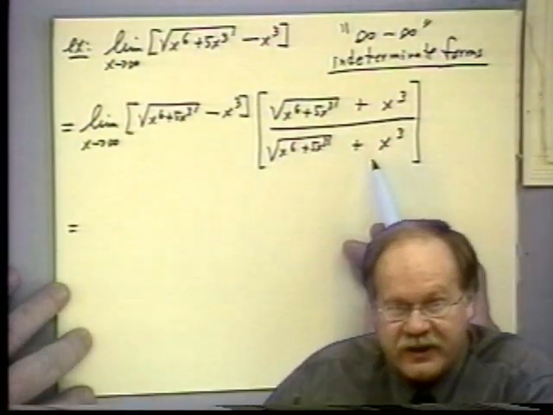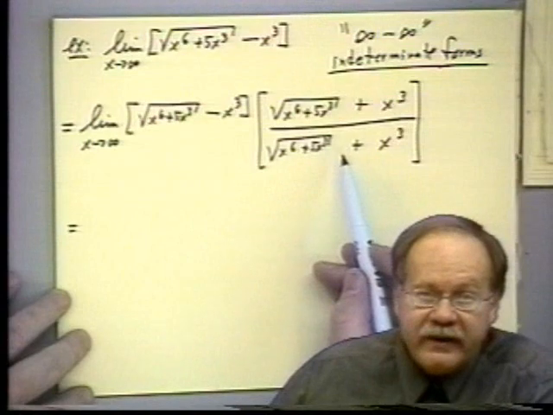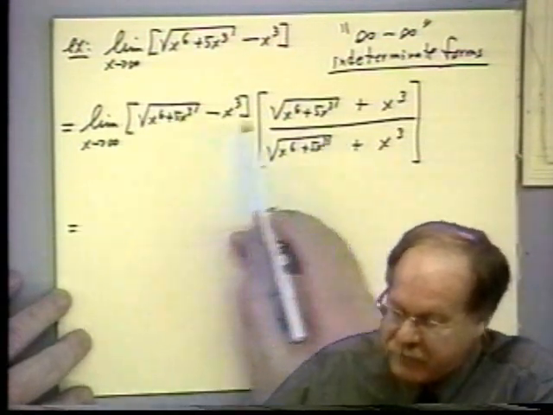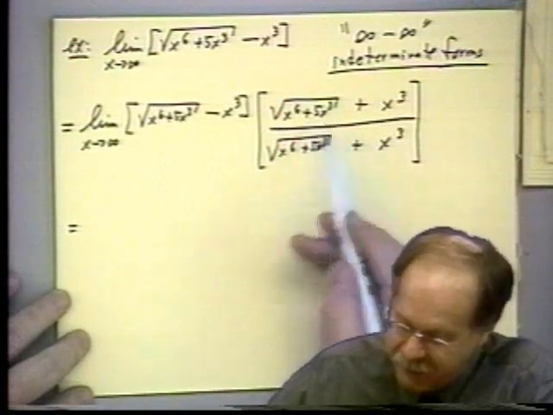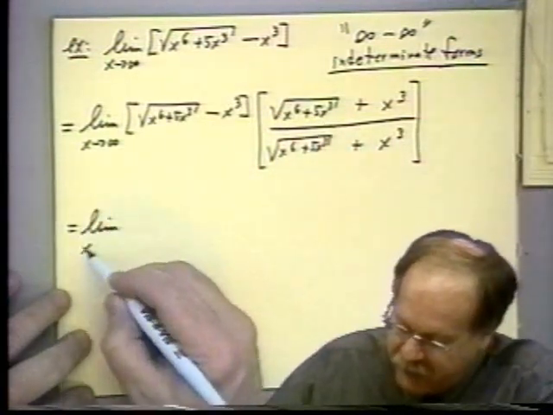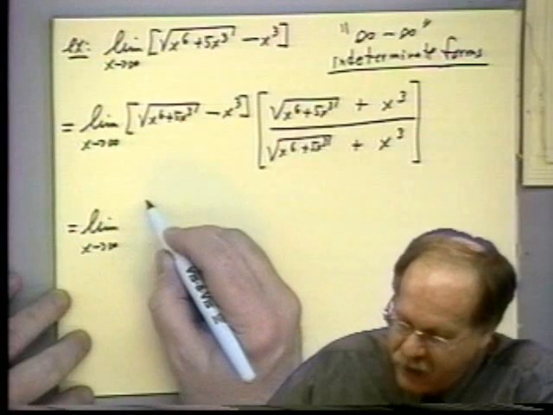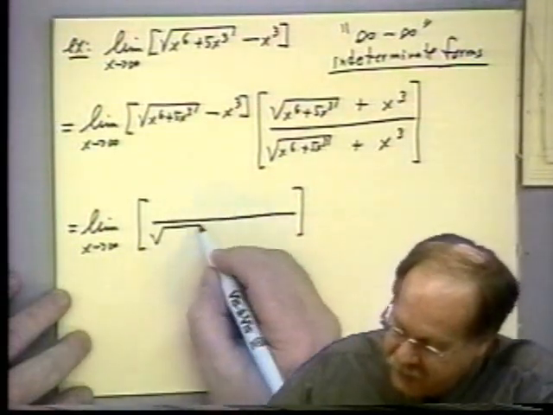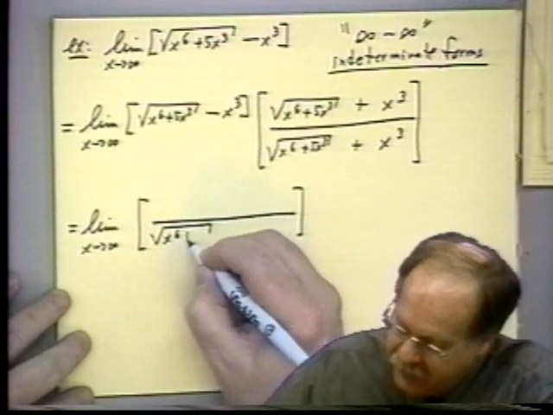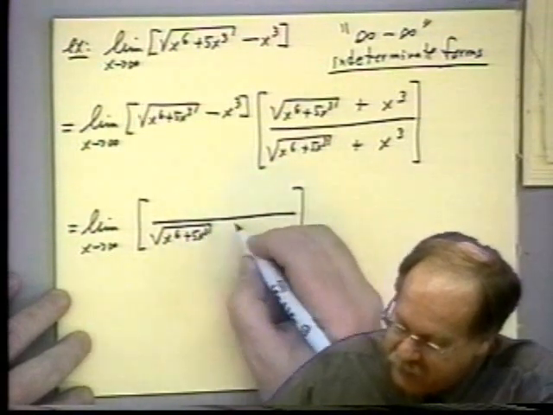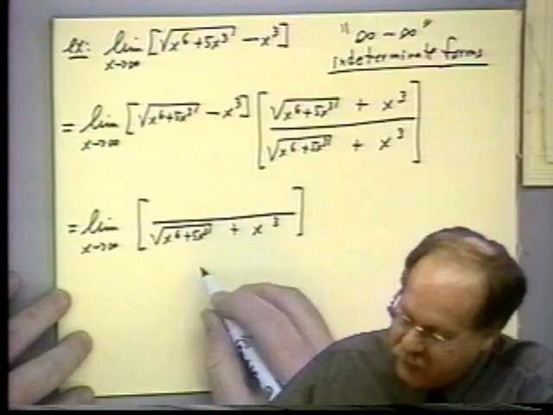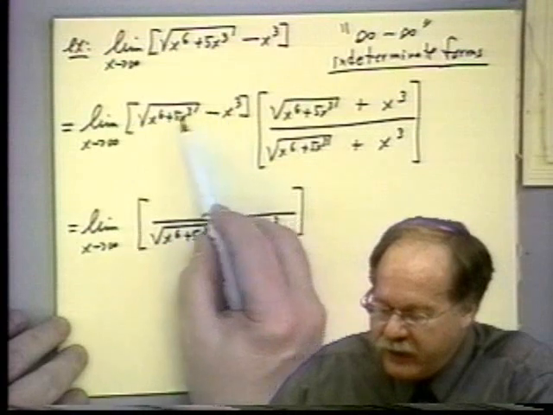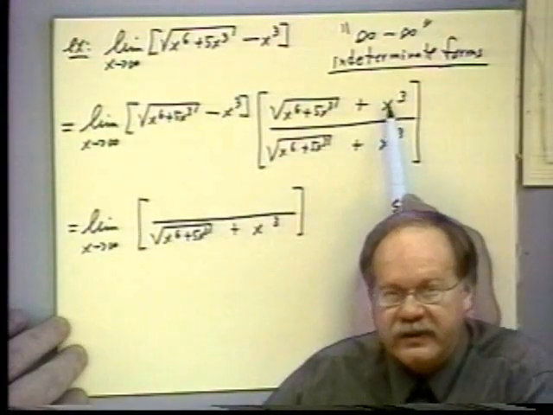The advantage to this is certainly not in the denominator because we just gained a denominator where we didn't have one. It must be in this numerator or the top. So the limit as x goes to infinity, now what do we have? Well, we have that denominator because that's the only thing down there. X to the 6th plus 5x cubed under the square root plus x cubed. Now what happens to the top? Notice that you have a binomial difference and a binomial sum here.